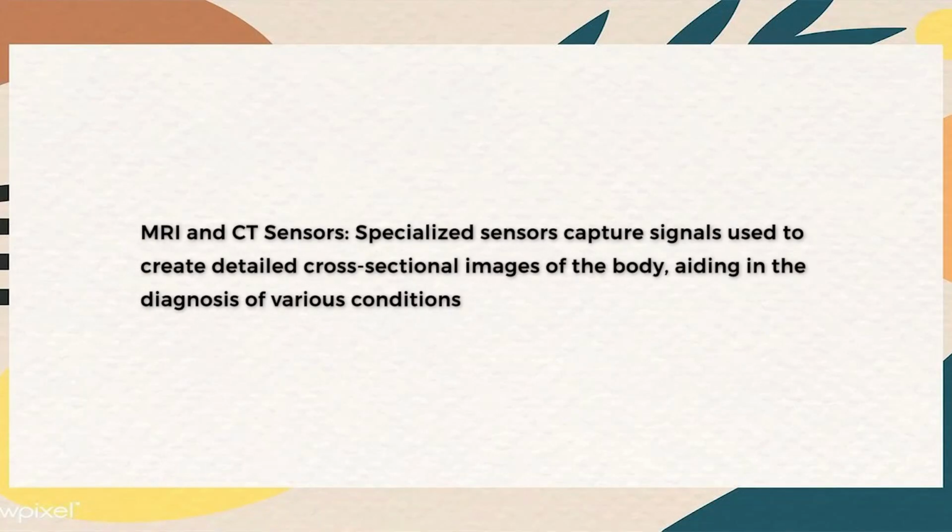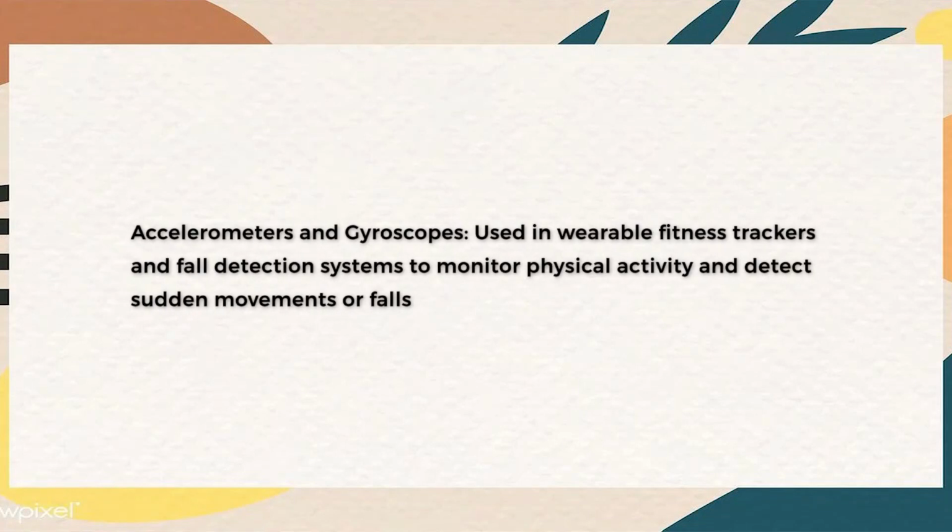Specialized sensors capture signals used to create detailed cross-sectional images of the body, aiding in the diagnosis of various conditions. Eighth is accelerometers and gyroscopes used in wearable fitness trackers and fall detection systems to monitor physical activity and detect sudden movements or falls.